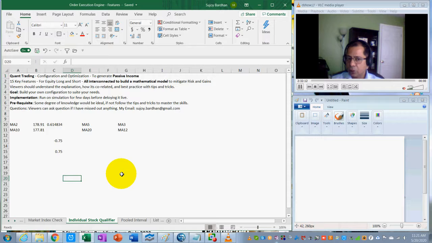Once you do that, you will be able to get to a sweet spot within a very short time. And once you get a sweet spot, you run it for a few days and then move to real time to generate passive income. But you don't have to change thereafter once you set all these things at a given point.